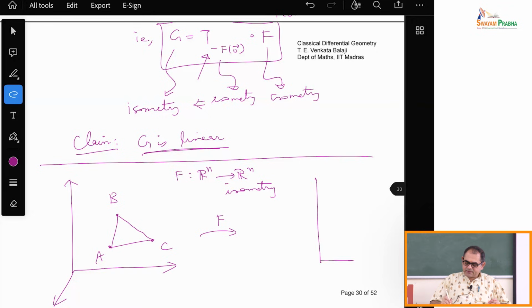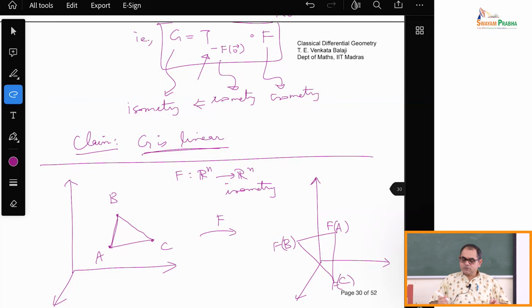What you'll get is another triangle, somewhere here. The fact that F is an isometry will tell you that you are going to get only a congruent triangle. When I apply F, I should label these as FA, FB, and FC.